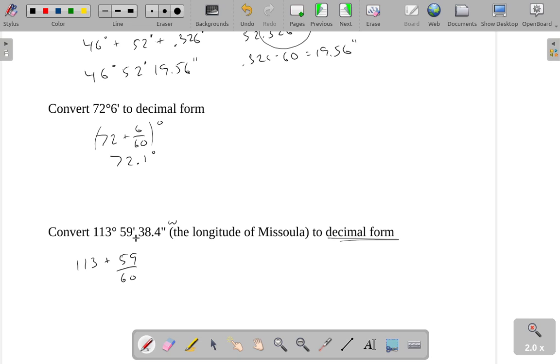And you could do this in two steps. You could convert this to minutes and then convert it to seconds. Or, well, 60 times 60 is 3,600. So that means there's 3,600 seconds in a degree. So I would have 38.4 over 3,600 as the fractional part there.